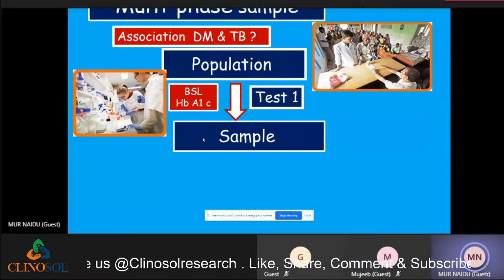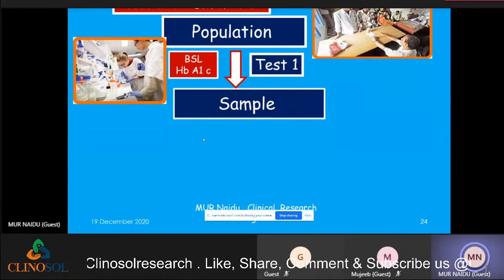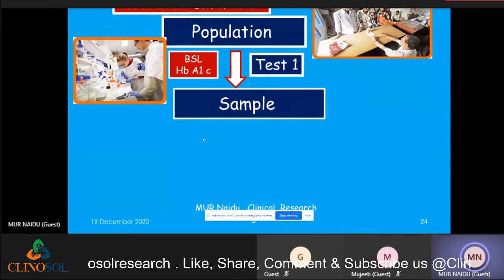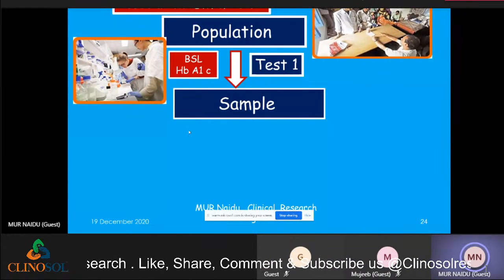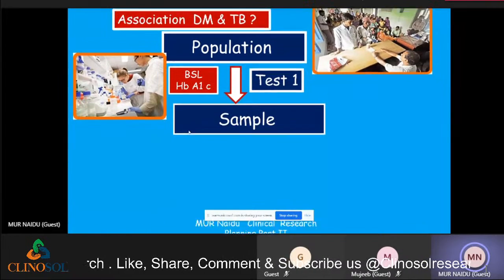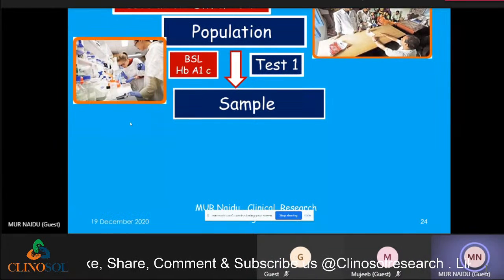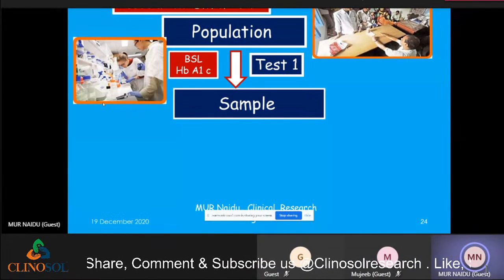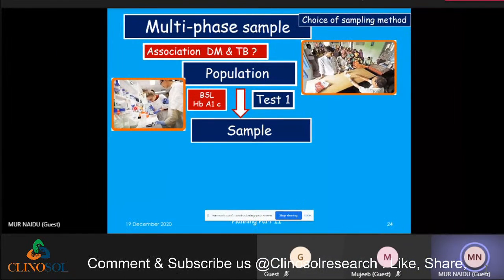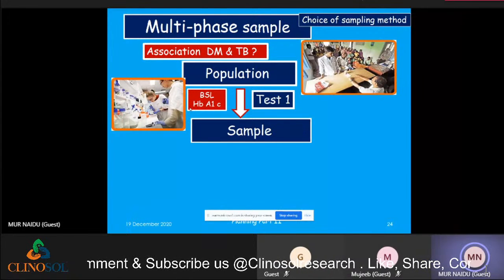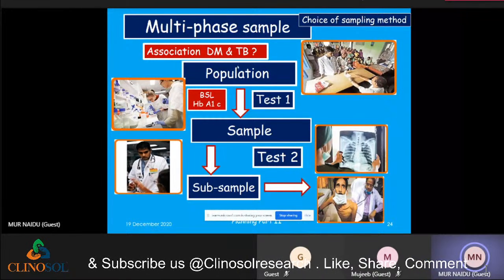Now for that, I have to do another test. The other test is the X-ray test.